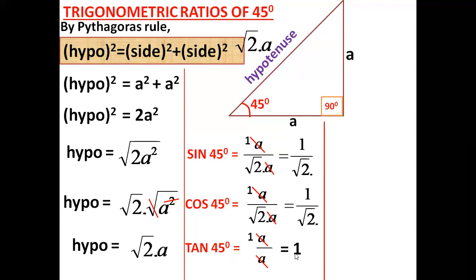Now next one is cot 45. What is the cot 45? Actually, cot 45 is the reciprocal of tan. That means if you reverse the value of the trigonometric ratio of 45 degrees, you can get the cot 45.